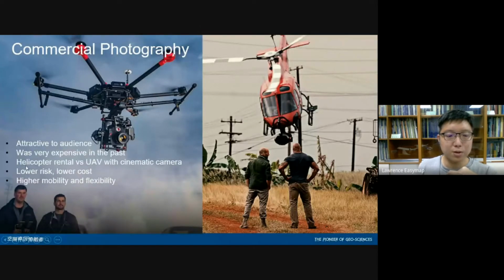And of course, helicopter rental could be very expensive. So nowadays, with commercial photography by UAV, the risk is lower, the cost is lower, and there is also higher mobility and feasibility.